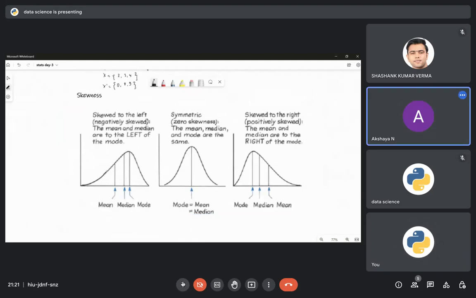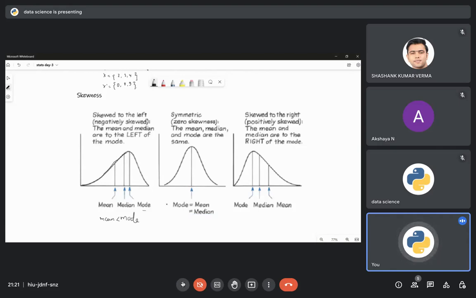Yes, sir. This is called left skewed. So it is known as negative skewed. Negative skewed will be when your mean is less than mode. You can see this with this diagram. Mean is less than mode. Then it's known as left skewed data or negative skewed data.